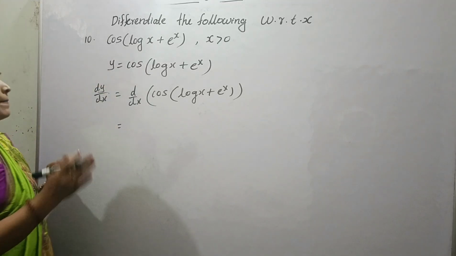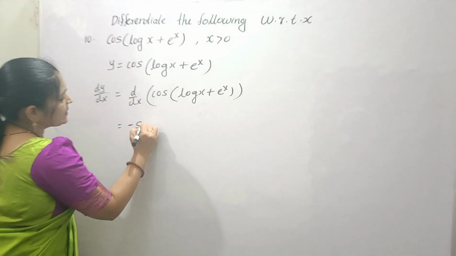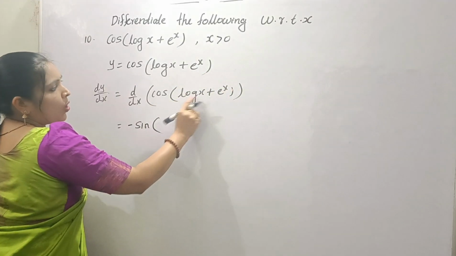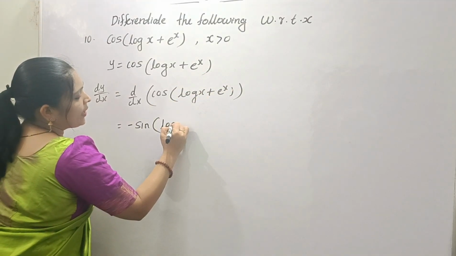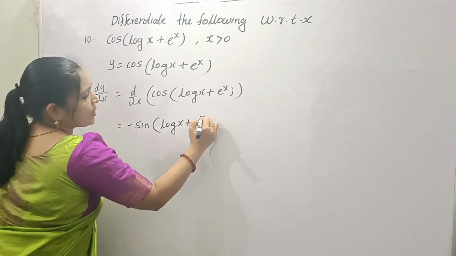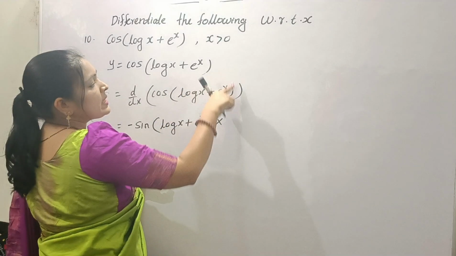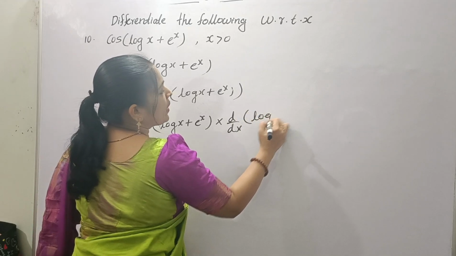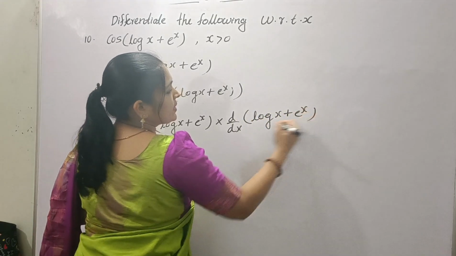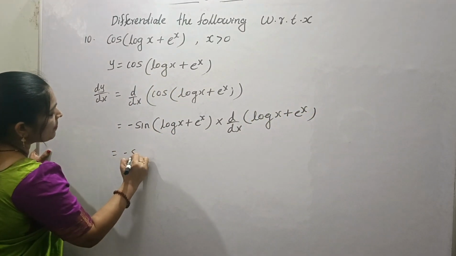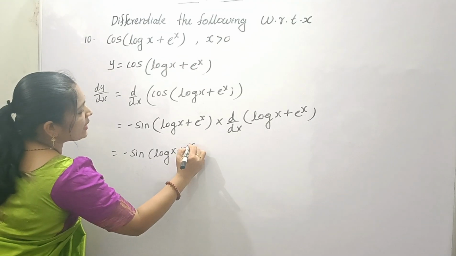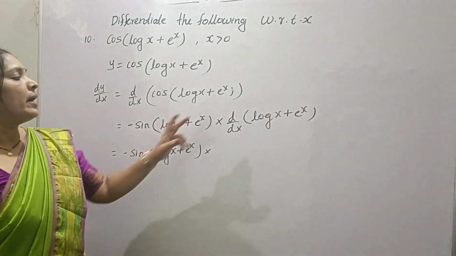Derivative of cos x is minus sin x. So minus sin in place of x, here this one, log x plus e raised to x, into derivative of this inside function, d by dx of log x plus e raised to x.